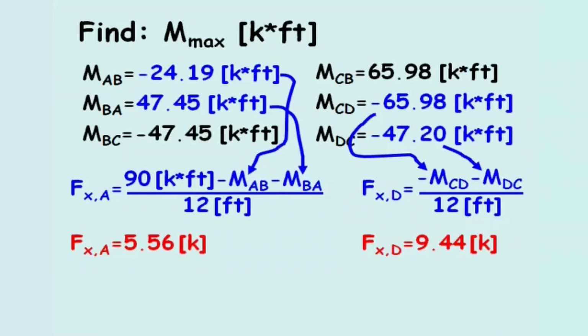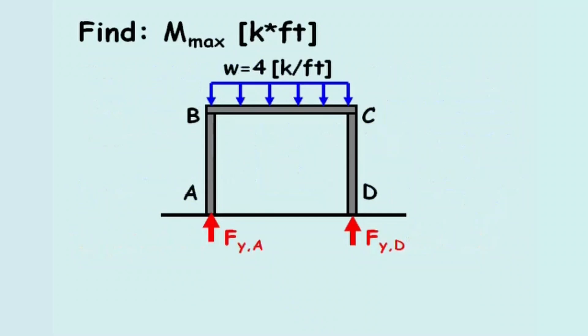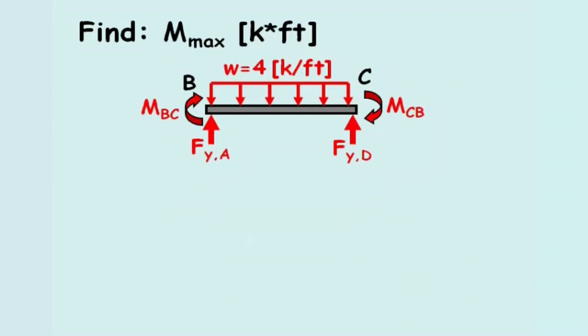Two last values that need to be calculated before sketching the shear and moment diagrams are the vertical reaction forces at point A and point D. To solve for these forces, a free body diagram of member BC is taken, and the moments BC and CB are shown, and the vertical reaction forces are translated upward.